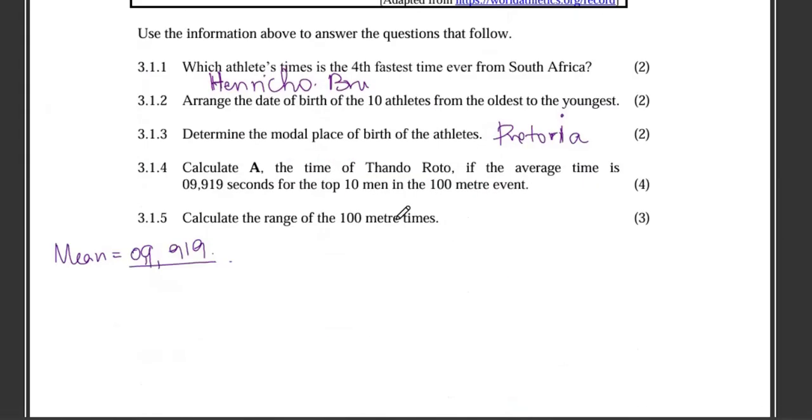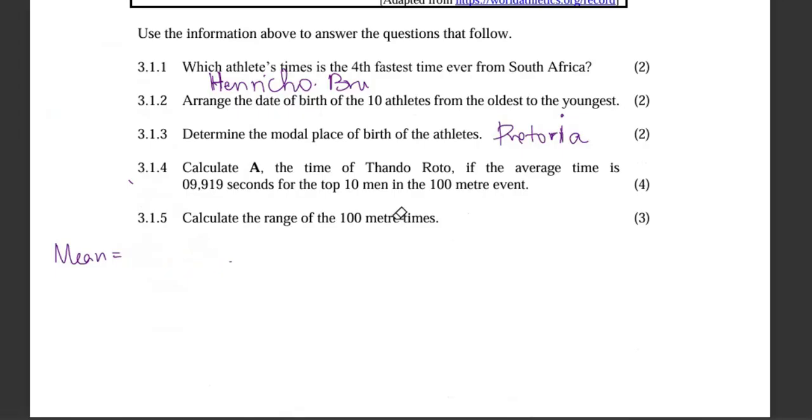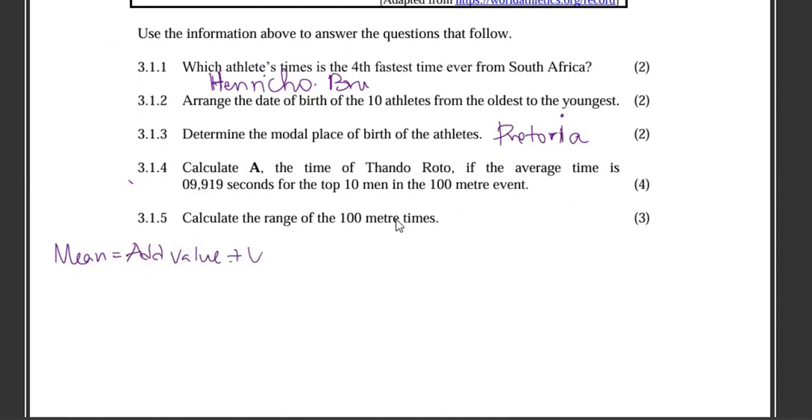So when you add all of them, what do you get? When I added all of them, I got a value which was, let me see. Added the values plus the unknown over the number of items.